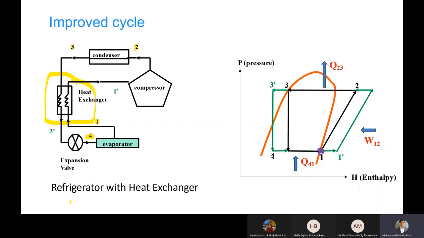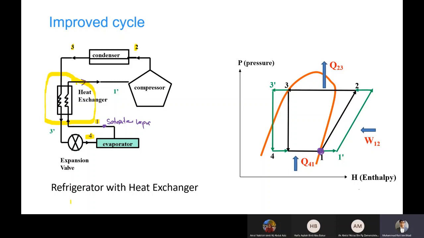This is our point 1, and point 1 is heated here. Suppose point 1 is saturated vapor.